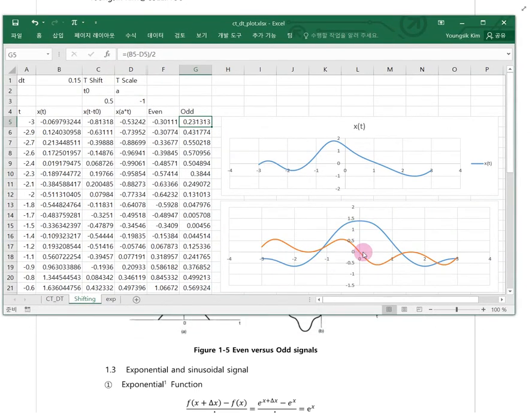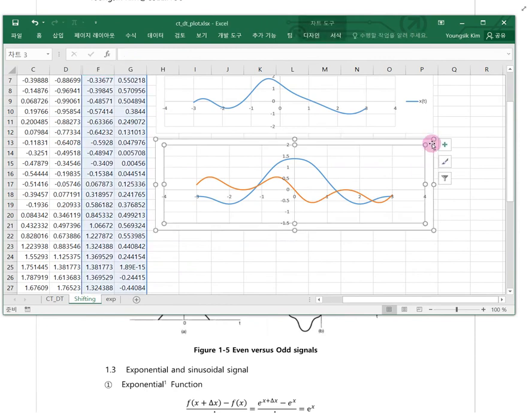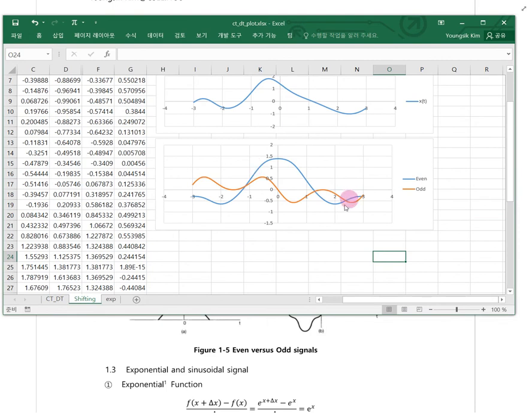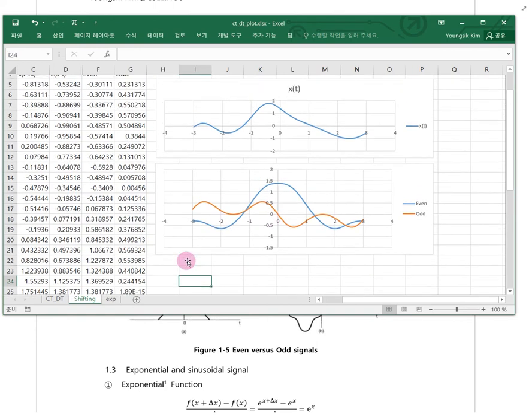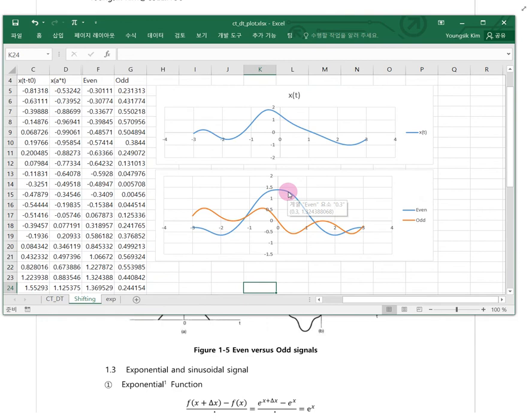Plotting that is shown here. The blue one is the even part, and the orange one is the odd part. So the original x(t) can be decomposed into even and odd parts.